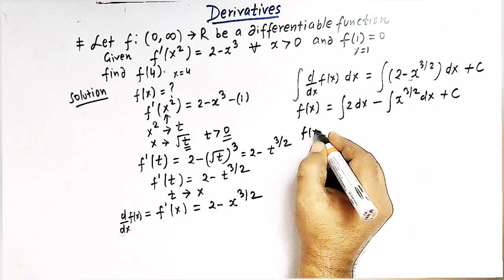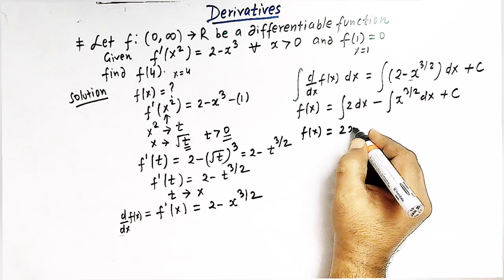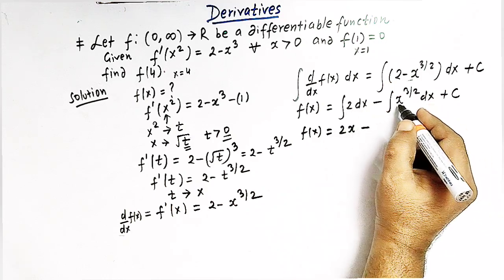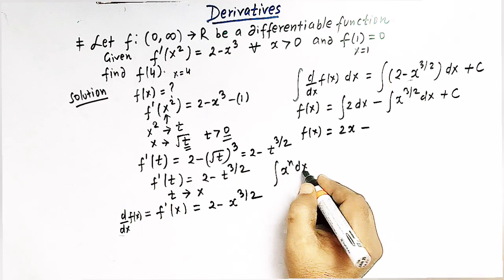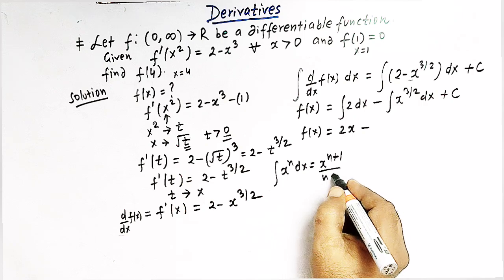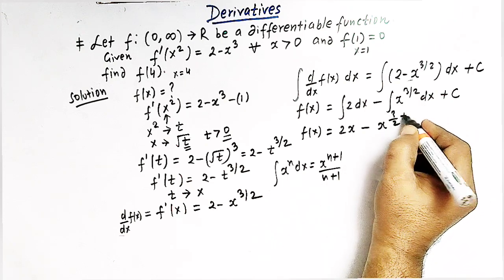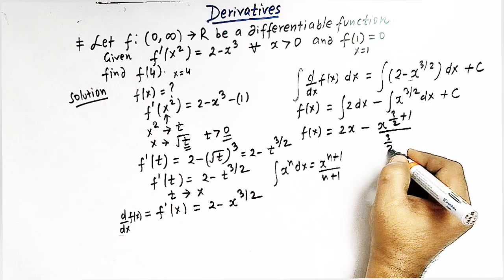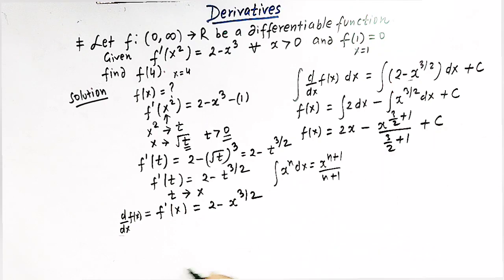The integral of 2 dx is simply 2x, and here we can use this result, that the integral of x raised to n dx is x raised to n plus 1 over n plus 1. So here we have x raised to 3 by 2 plus 1, over 3 by 2 plus 1, and c is the constant of integration.